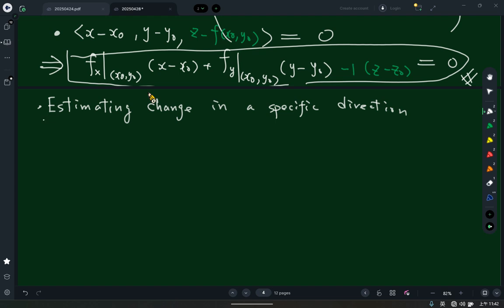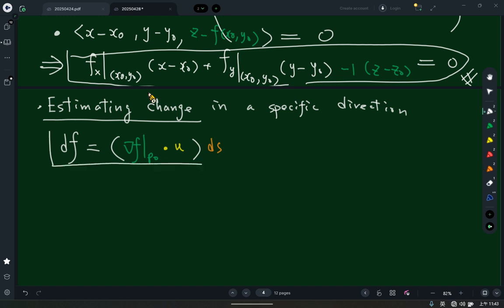The change, we use df, that is equal to gradient f at P0 inner product u times ds. Don't worry, I will tell you why. This can be for 2 or 3 variables or even more. Okay?